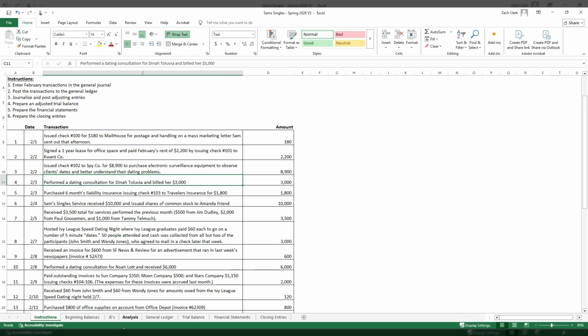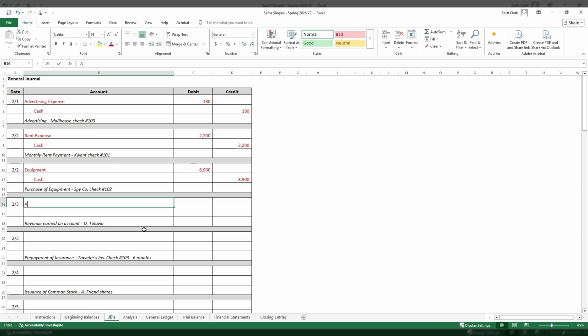And so therefore we're going to use our accounts receivable account instead of cash, right? In the future, we will collect that cash. But for the time being, we have provided the services, so we are owed the money.